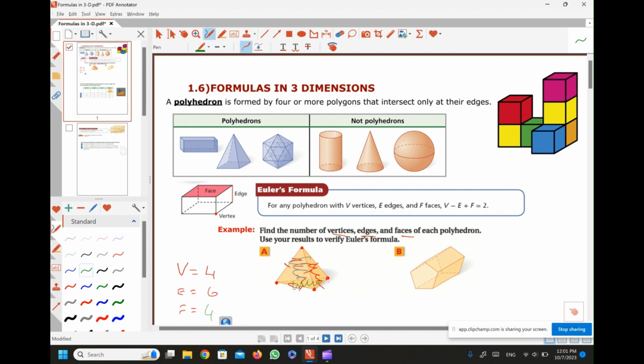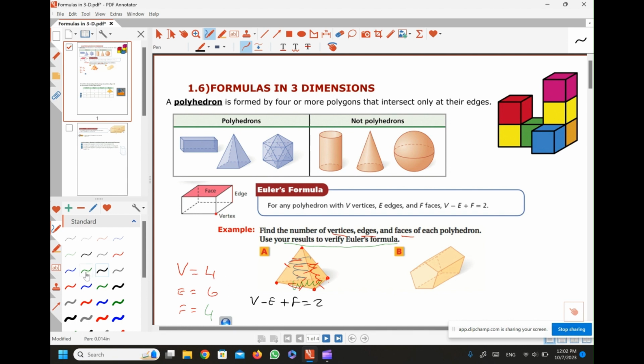So the second part of the question says verify the result by using Euler's formula. So these are what we found. If we want to make sure that we got them correctly, we can use Euler's formula. The formula was V minus E plus F equals 2.